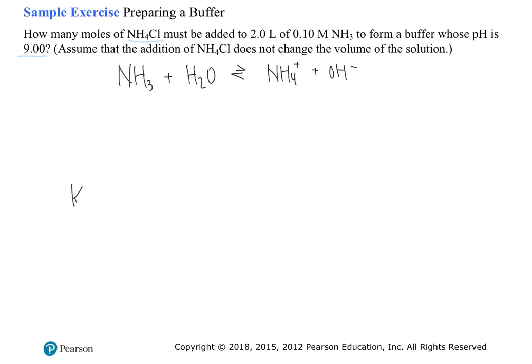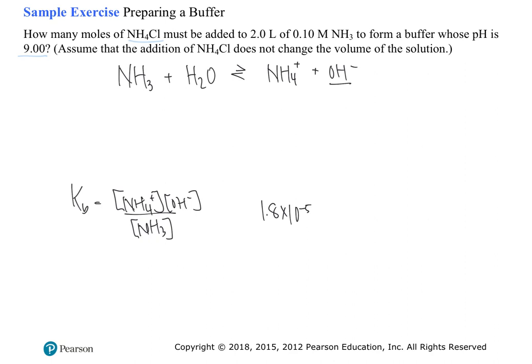And this has a Kb expression. Since it's a base, it made hydroxide, so I'm going to have ammonium times hydroxide over ammonia times water, which is just 1, a pure substance. Kb in this case is 1.8 times 10 to the negative 5.